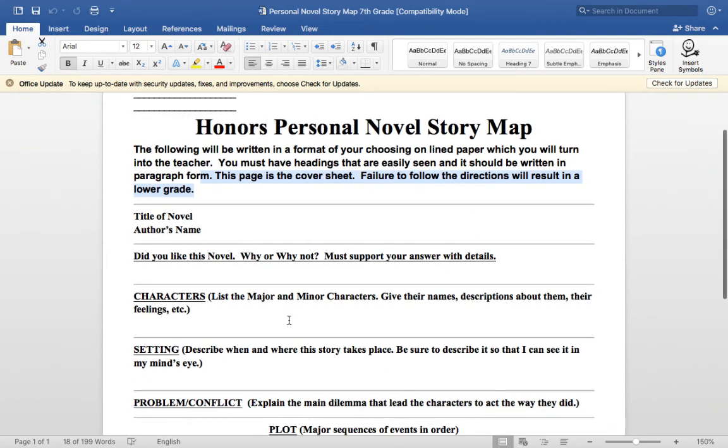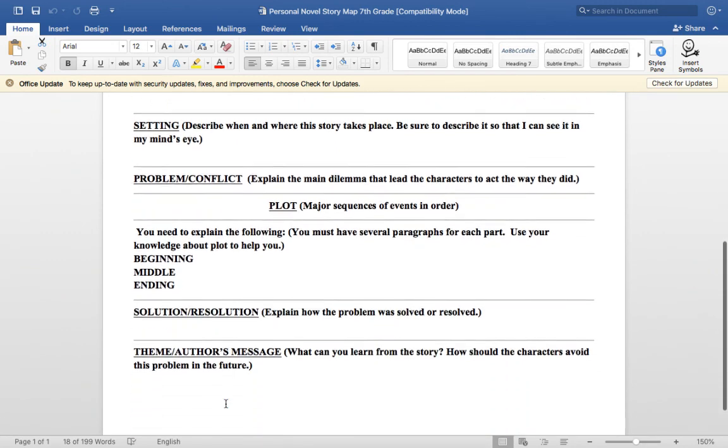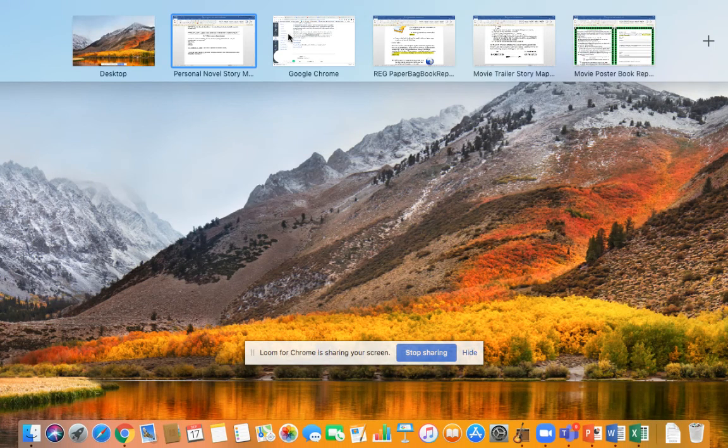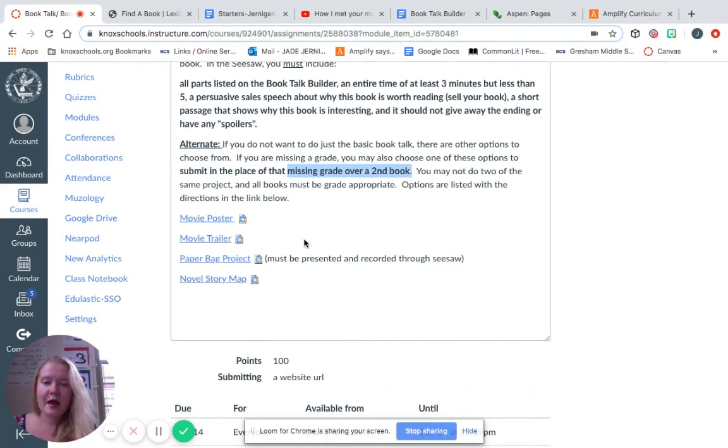You are going to have different images that you'll put together, and then you're going to use this story map guide to kind of walk us through what images you have pulled from your novel to share. You would then record this on Seesaw and share it with the class.